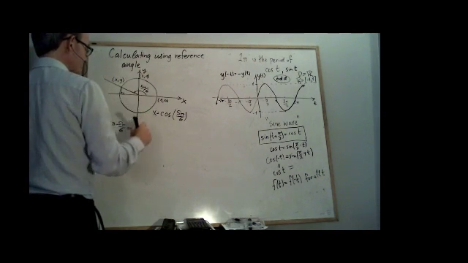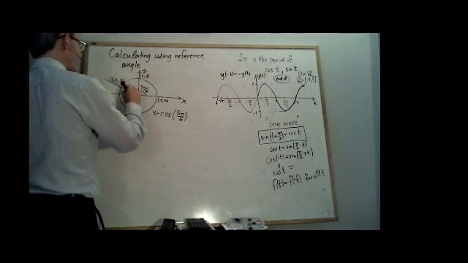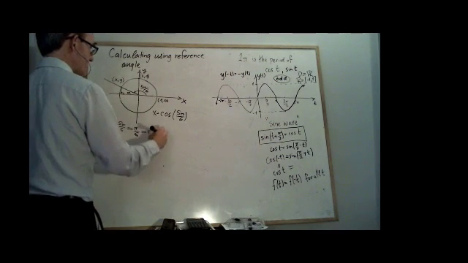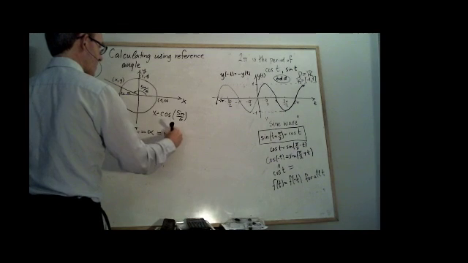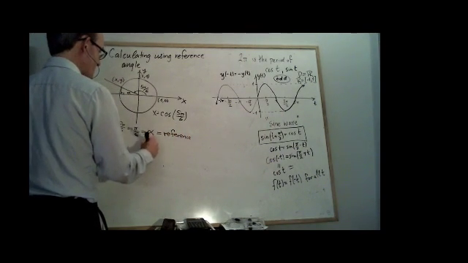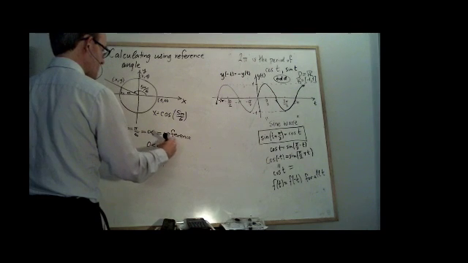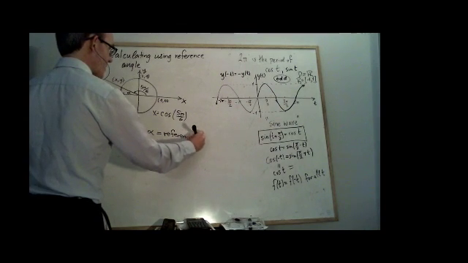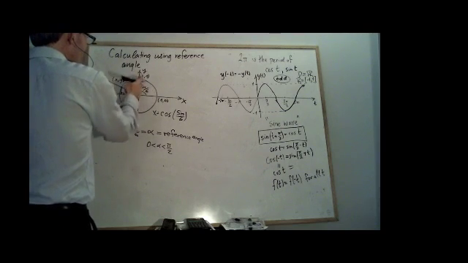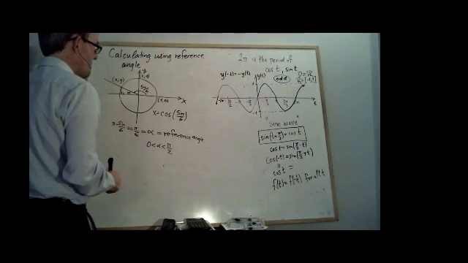Let's call it alpha. Alpha is the reference angle, so it's always positive. It's between 0 and pi over 2, strictly between 0 and pi over 2.